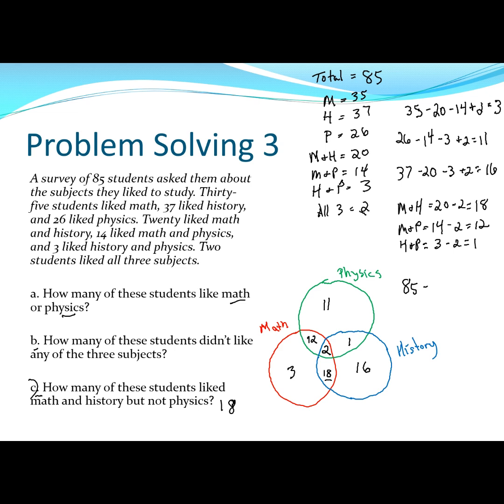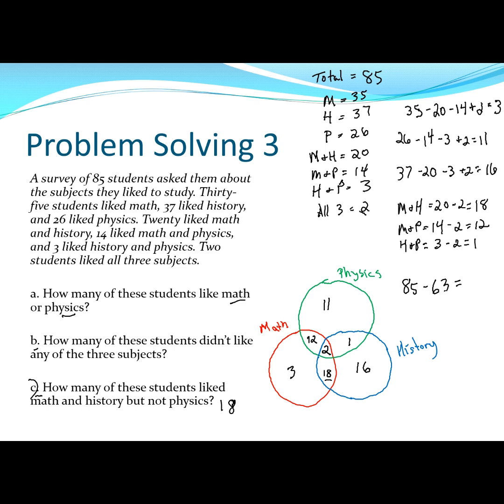Whoops, I think I made an error. No, I didn't make any errors. All right, we have 85 students, and if we add all of these totals up, it looks like it's going to be 63.